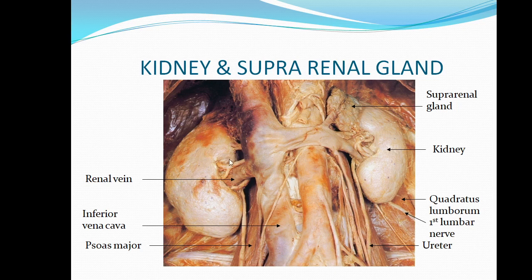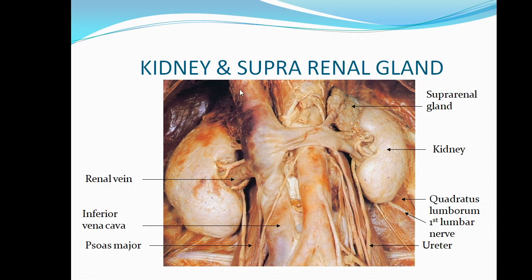And here the inner border, where you can see the middle border is concave, and it has got an indentation here, that is the hilum, through which you can see the renal artery and the renal vein enter, and the renal pelvis also passes. From before backwards, the relations are artery, vein, and renal pelvis.